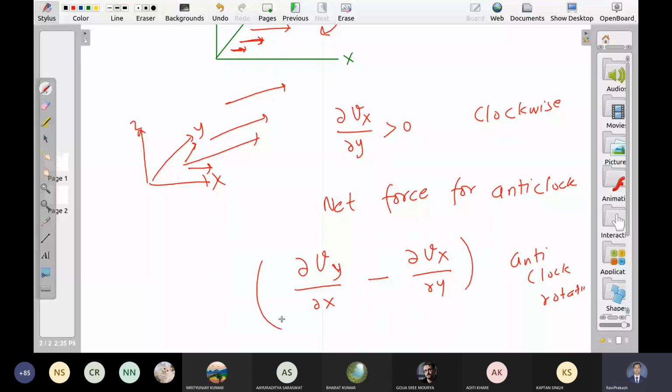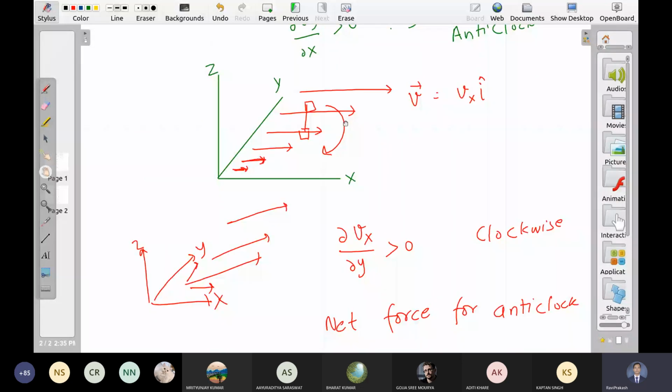And this anti-clock rotation is usually represented by, यदि xy plane में anti-clock rotation है, this rotation is represented by k cap. And if xy plane में clockwise rotation है, then it is represented by minus k cap. This is a convention. कैसे आया? We will discuss.